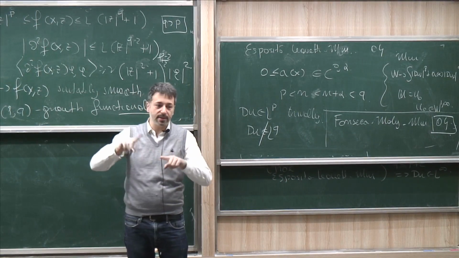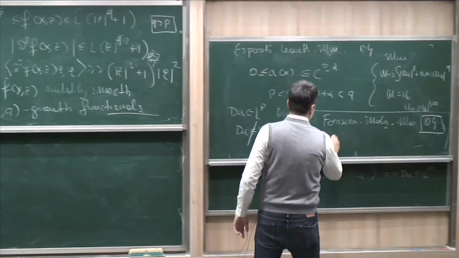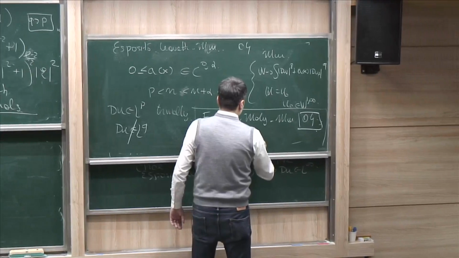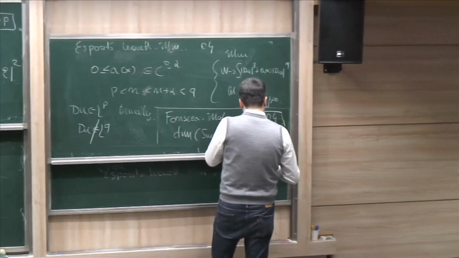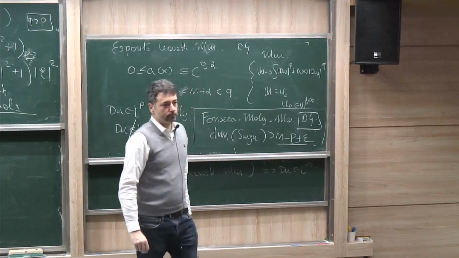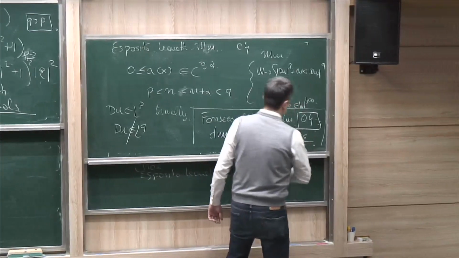So the set where there is a discontinuity, the set of non-Lebesgue points, has Hausdorff dimension larger than n minus p, minus something, for every epsilon.